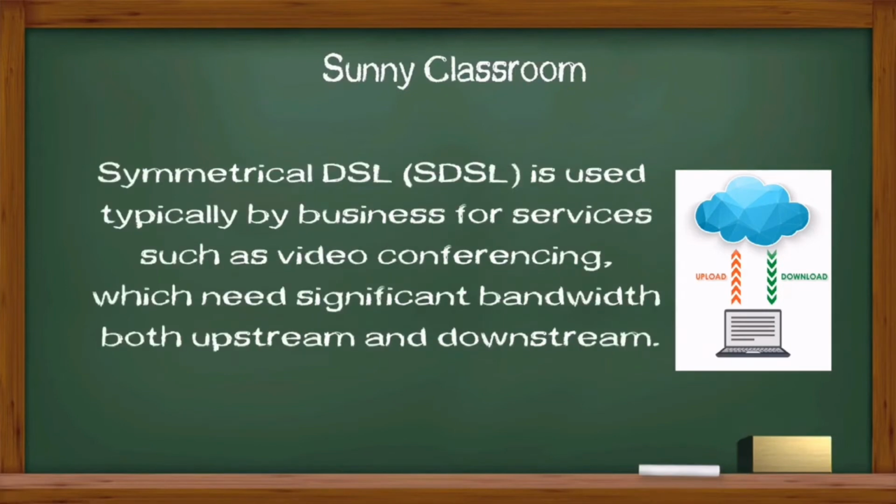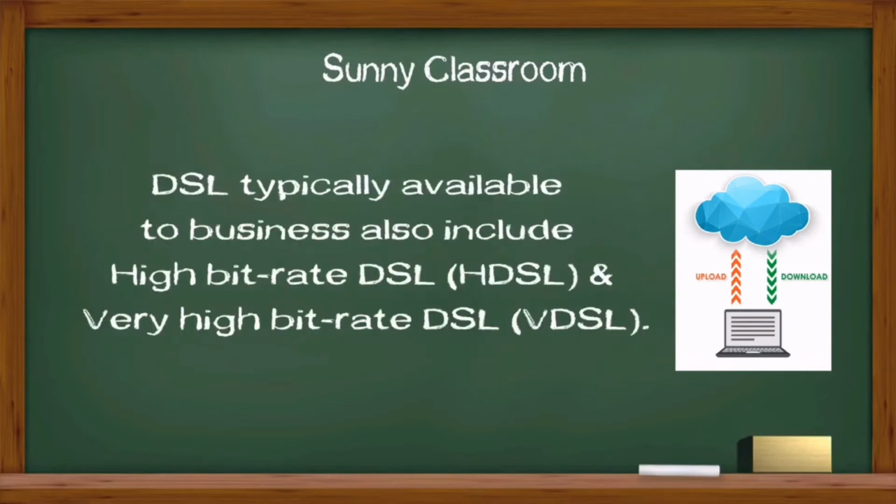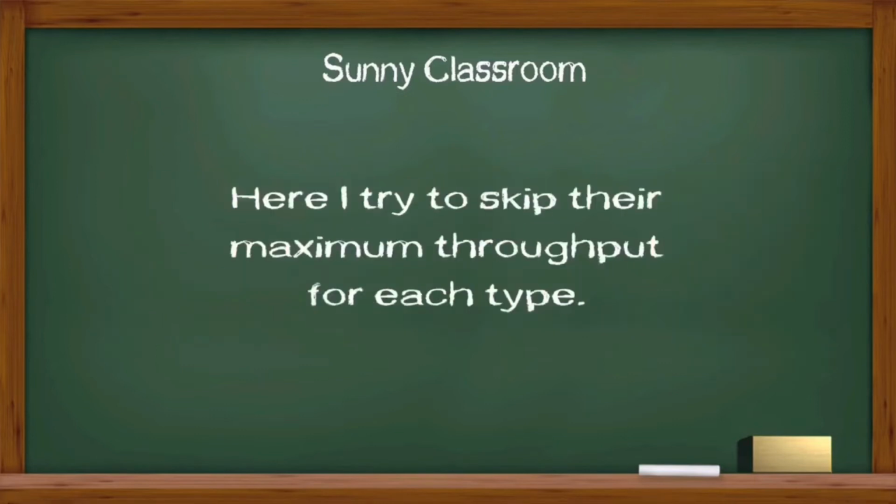Symmetrical DSL, or SDSL, is used typically by business for services such as video conferencing, which need significant bandwidth both upstream and downstream. DSL typically available to business also include high bit rate DSL, or HDSL, and very high bit rate DSL, or VDSL.